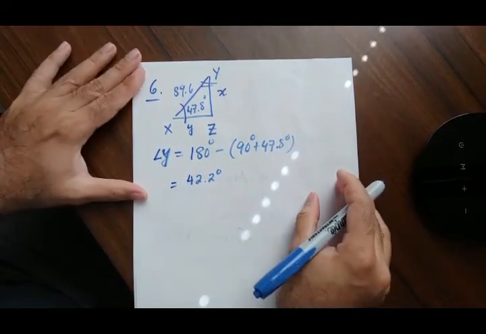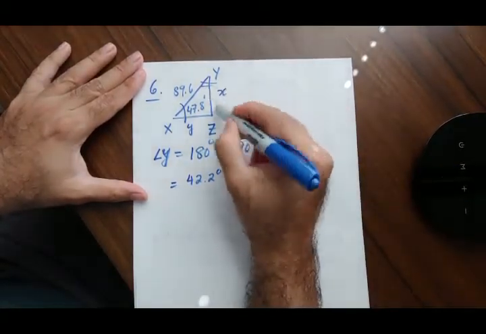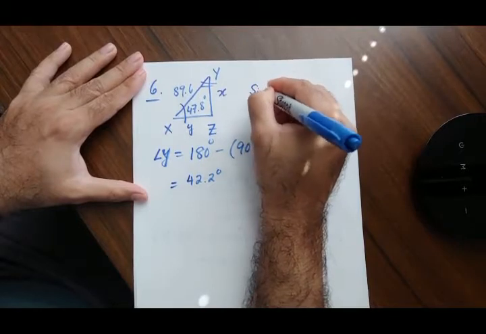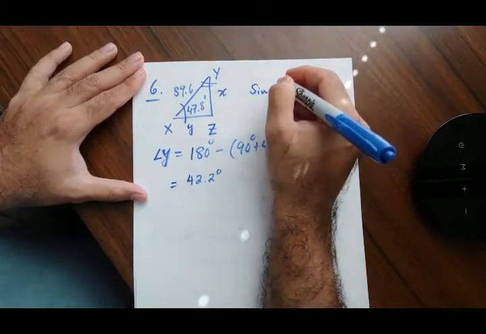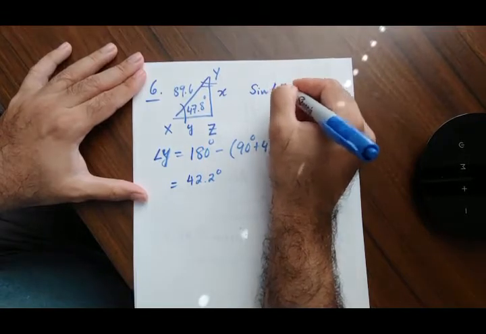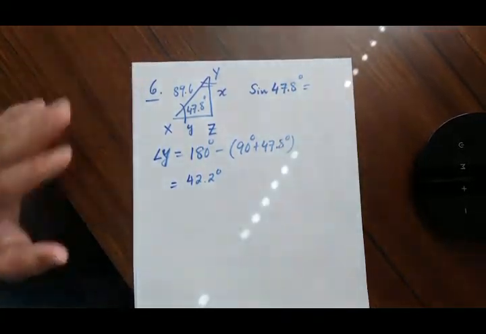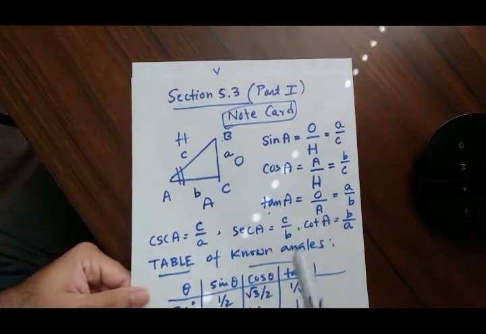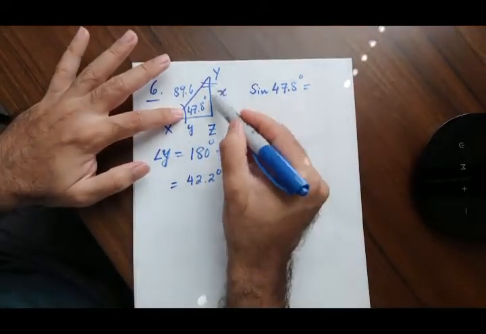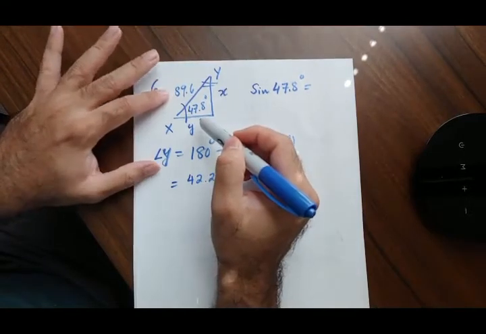Now how do I find the sides? Well, let's try to find X here. I can write sine of 47.8 degrees. Now, what is the formula for sine? It's opposite over hypotenuse. So what's the opposite of 47.8? X, divided by the hypotenuse 89.6.